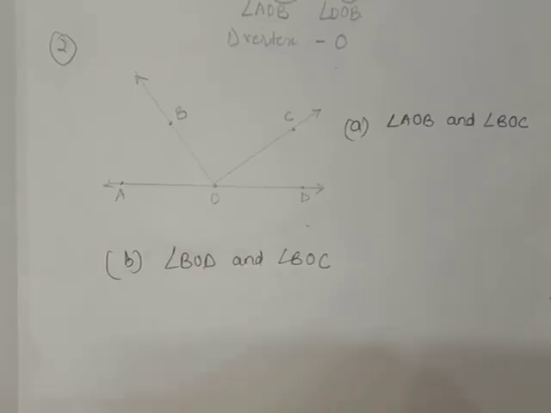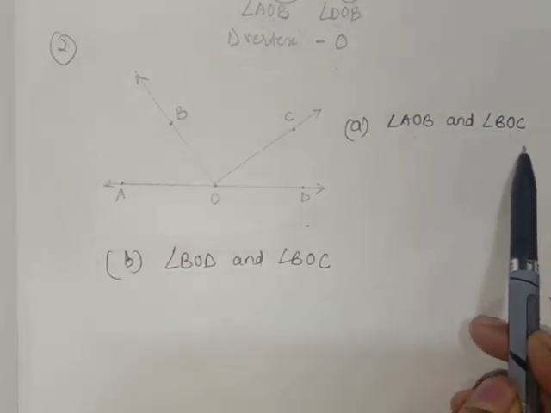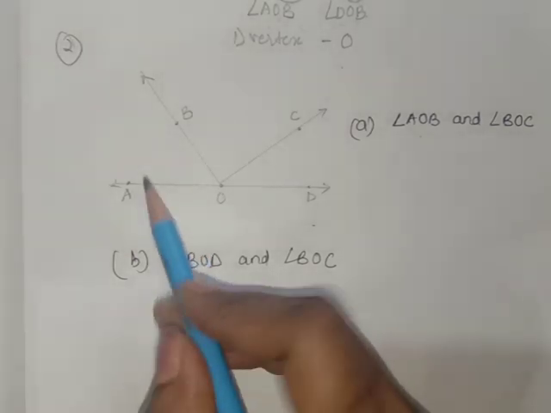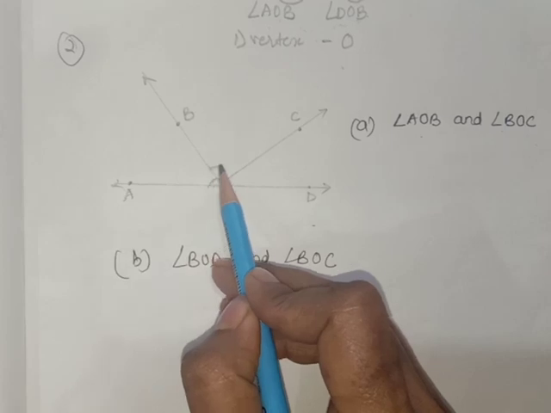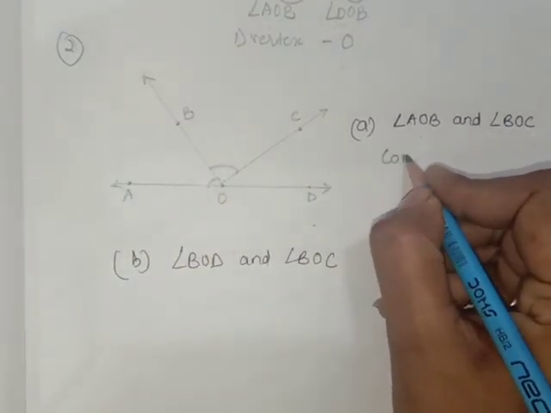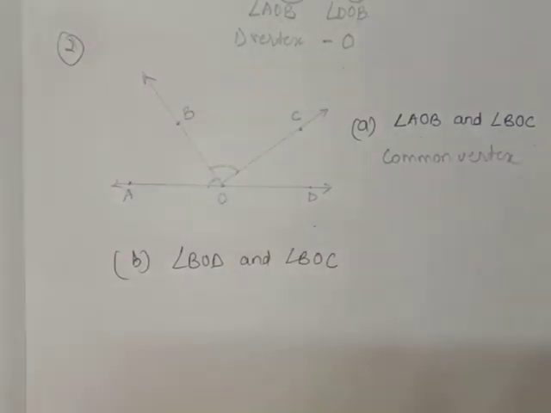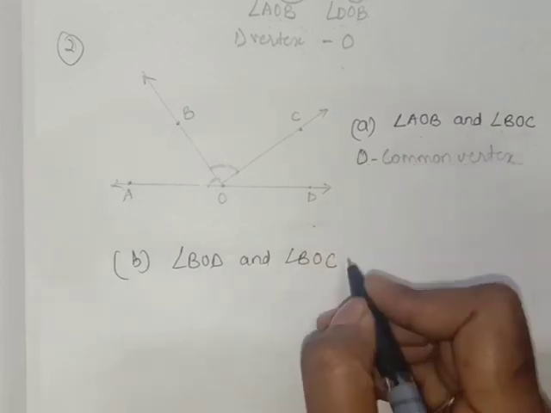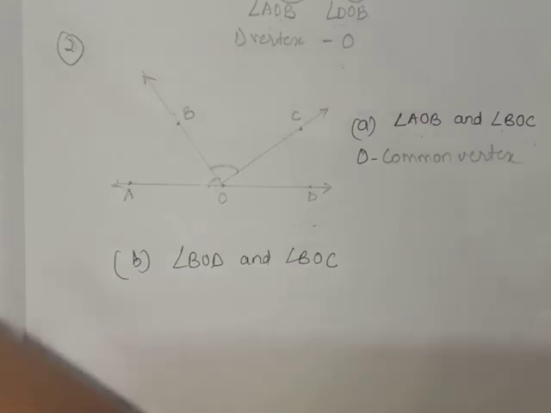Here the question is to find out whether the following angles are adjacent or not. First, angle AOB and angle BOC. Let us mark it. Angle AOB and angle BOC. They have O as a common vertex.